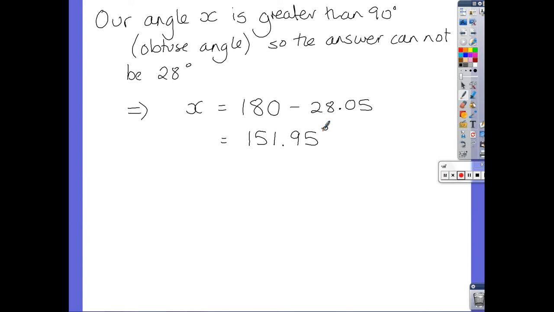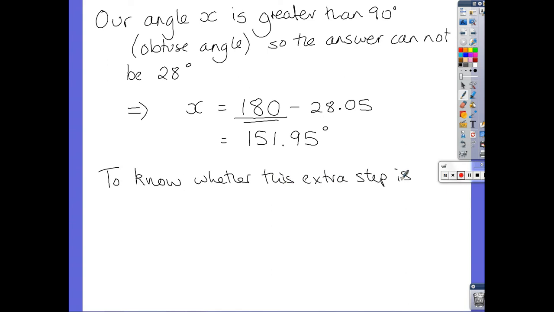It's not 28 degrees. So when we are working with the sine rule, we have to be careful when we're calculating an angle, because sometimes our angle is obtuse and therefore the answer the calculator gives us is not the correct answer. We have to take that away from 180 to find our final answer. And the way you would know that is you have to look at the diagram to know whether this extra step is needed.